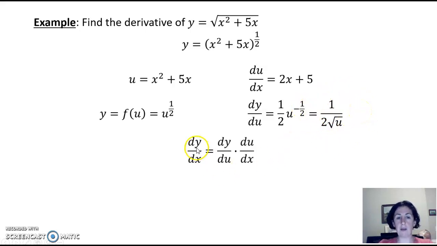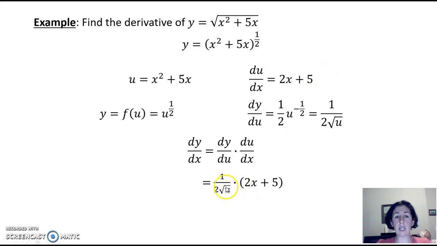So now the derivative of y with respect to x is the derivative of y with respect to u times the derivative of u with respect to x. Well, dy du we've got right here, and du dx we've got right here. But again, we pose another little bit of an issue here, where we have the derivative in terms of u, but we're trying to take the derivative with respect to x.